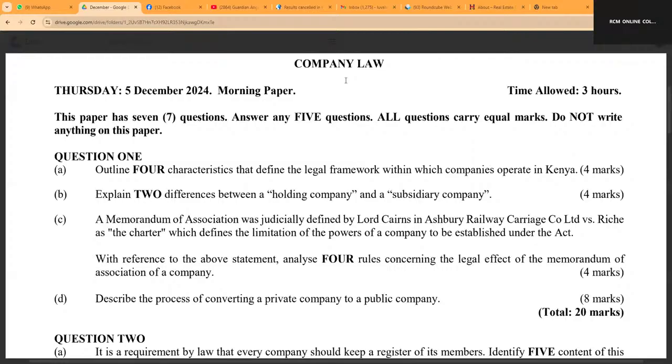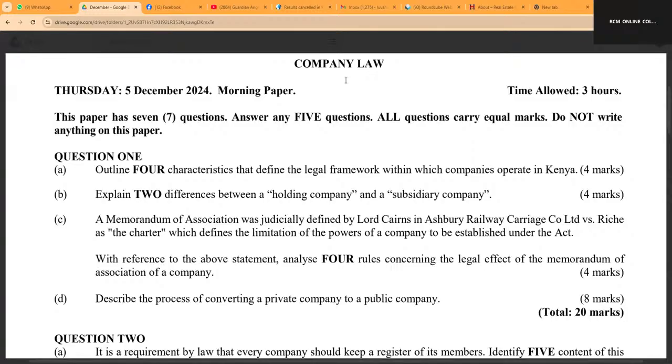One difference: a holding company is a company that has an ownership stake or a shareholding in another company.